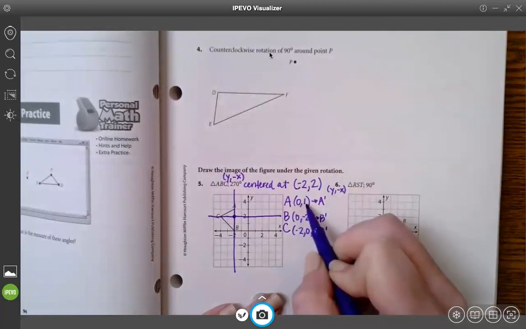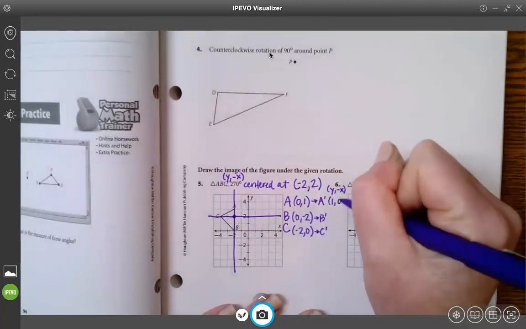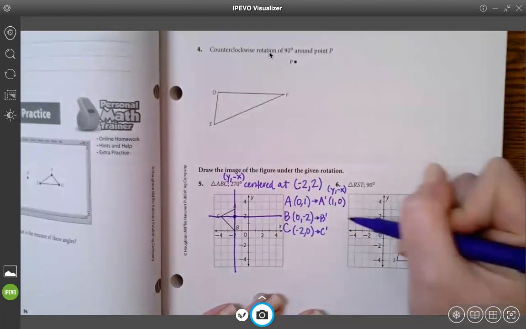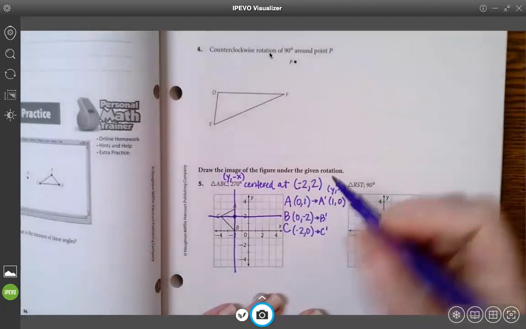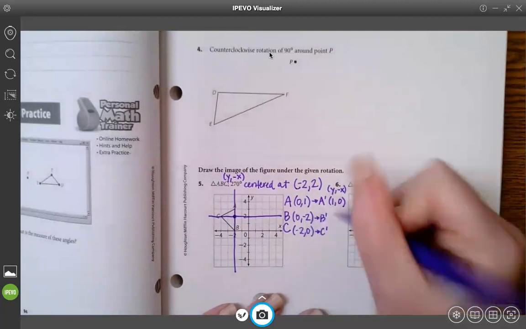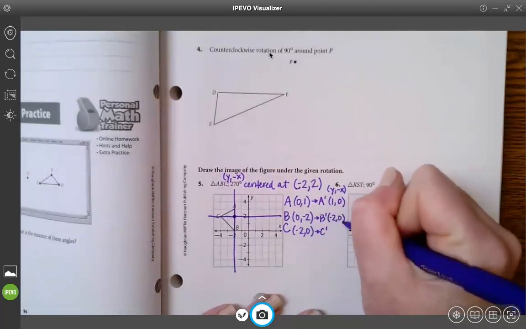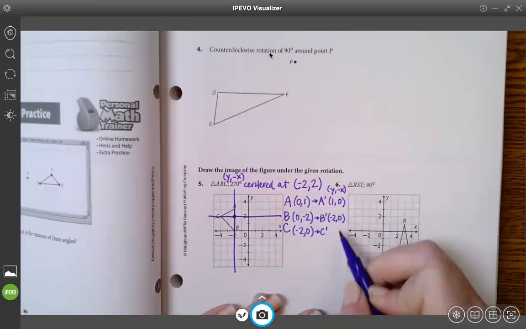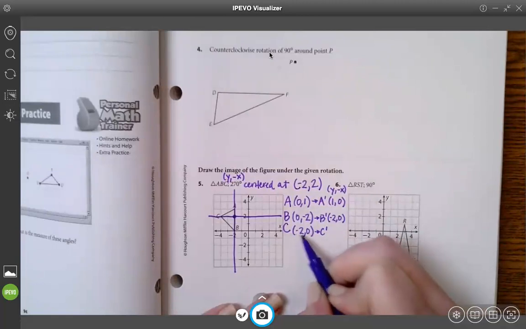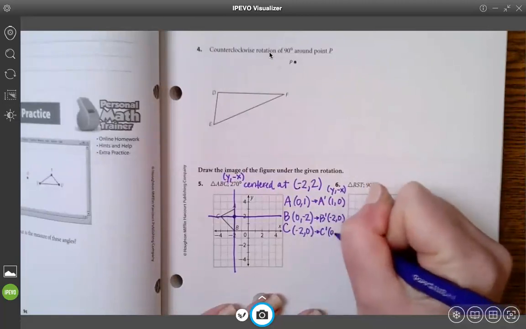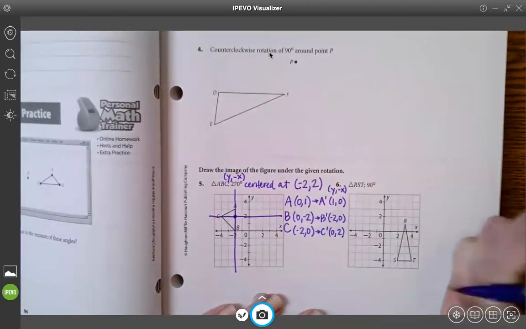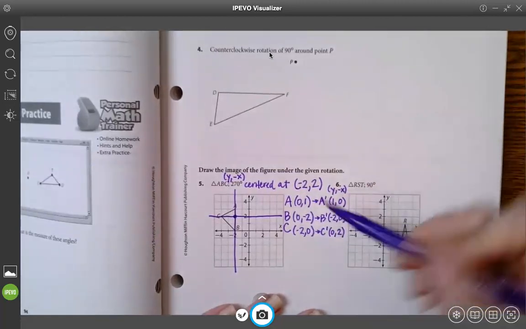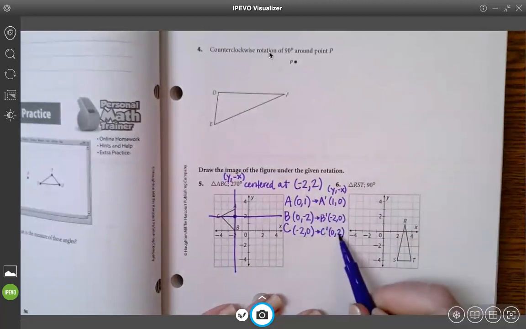So from 0, 1, I get 1, 0. -0 is not a thing, so we're not going to put -0. 0, -2 becomes -2, 0. I would switch the sign on this, but 0 has no sign. Again, -0 is not a thing, so we're not going to put that. And for C prime, -2, 0 becomes 0, +2. We did get to change a sign this time. So I switched the order, and I made the new back number the opposite sign.